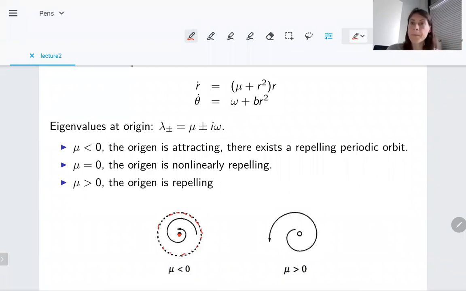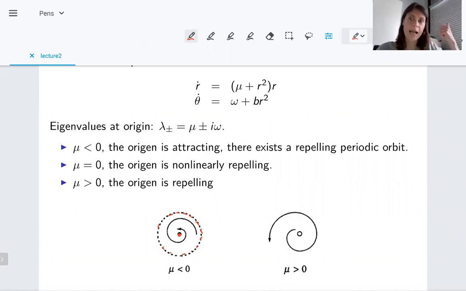Okay. So trajectories move away from the periodic orbit towards the equilibrium point. And at mu equal to 0, the stability of the equilibrium point changes, so it becomes unstable. And on the other hand, the unstable periodic orbit shrinks, collapses to the equilibrium, and disappears. Okay, that's the subcritical Hopf.